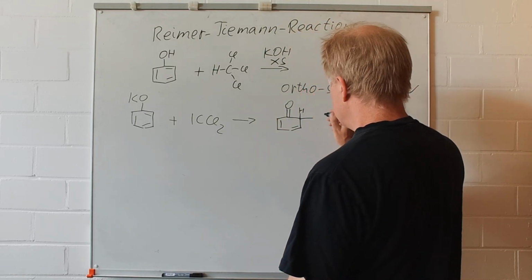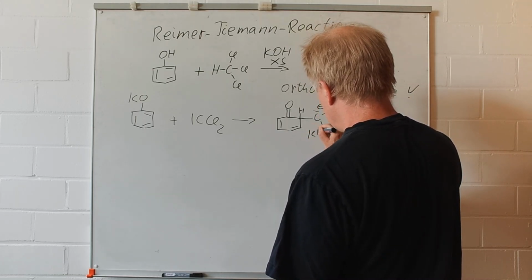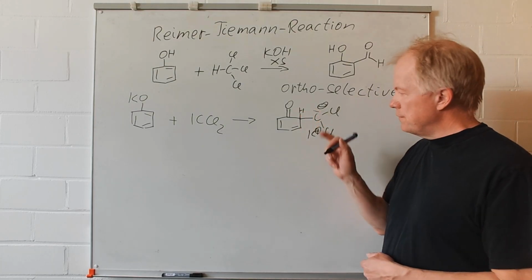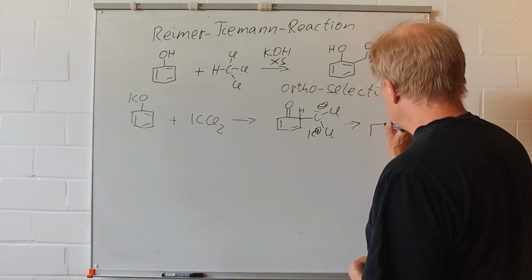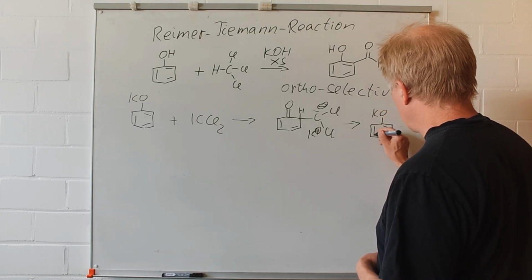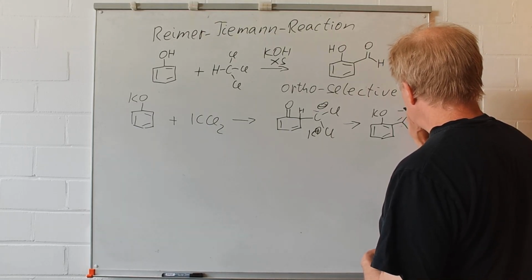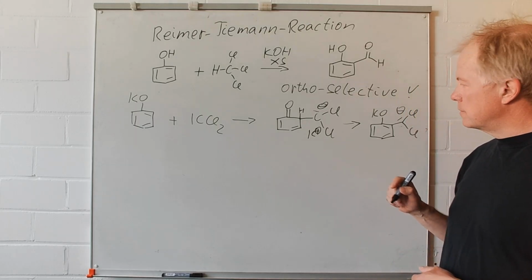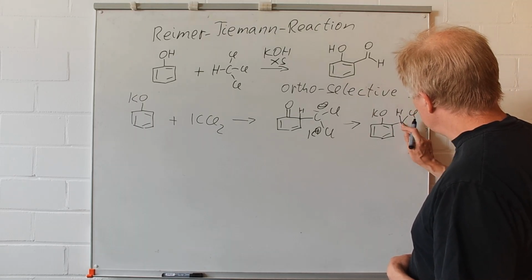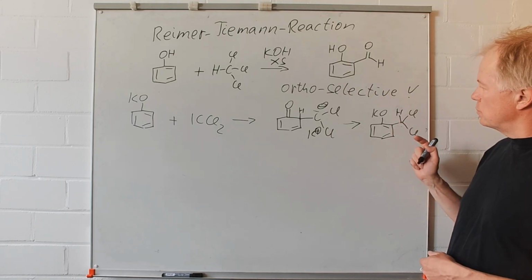Under dearomatization, deprotonating here, protonating there will lead us to the again aromatized potassium phenolate, now with a dichloromethyl group here in this position.